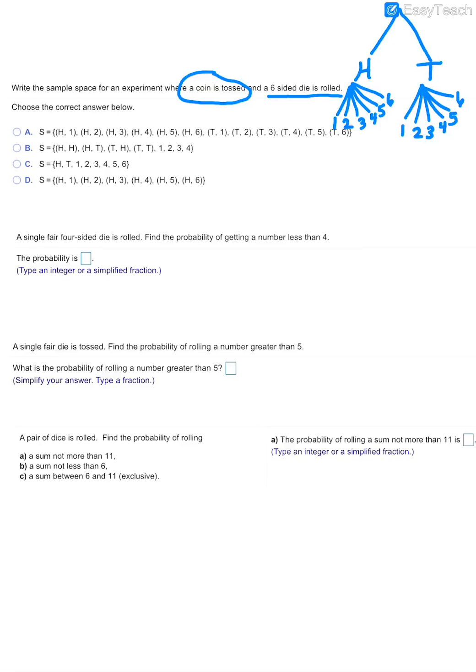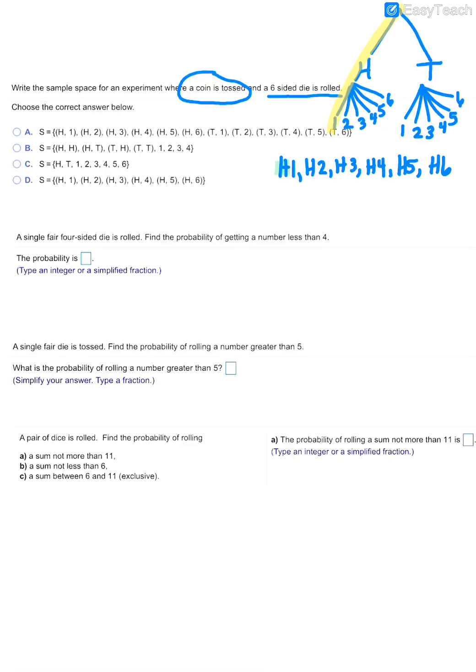So if I follow my branches from top of the tree to bottom, that's how I'm going to know the different outcomes of my sample space. So starting with, I could have a head with a number 1, or a head with a number 2, or a head with a 3, head with a 4, head with a 5, or head with a 6.